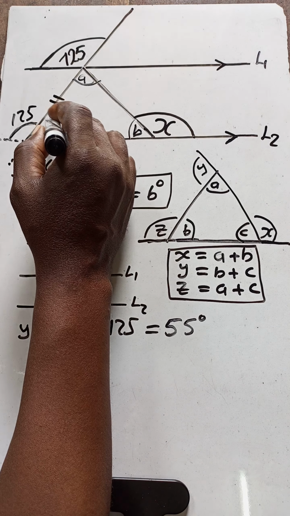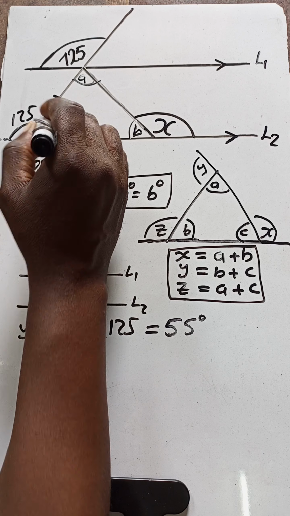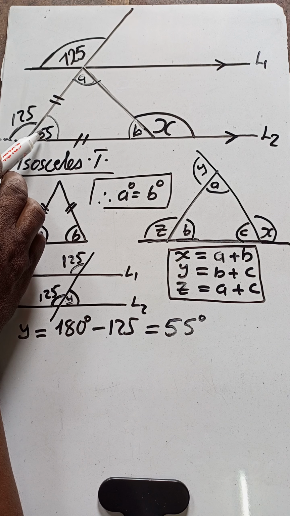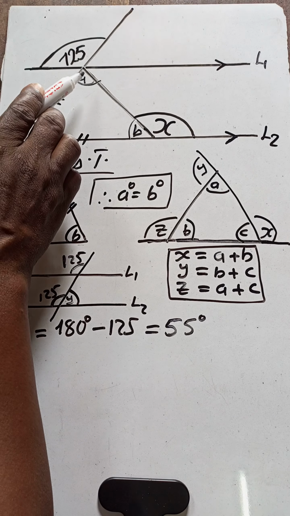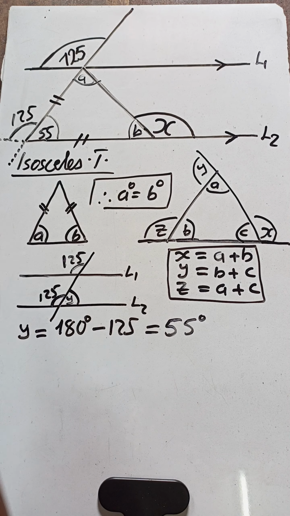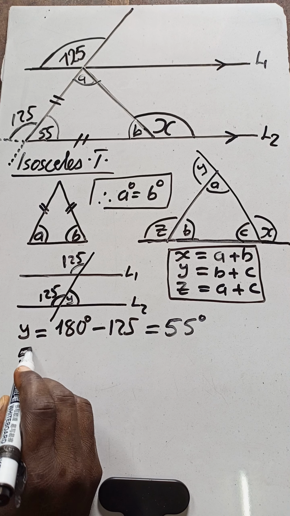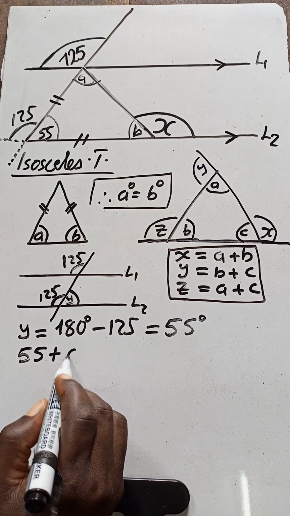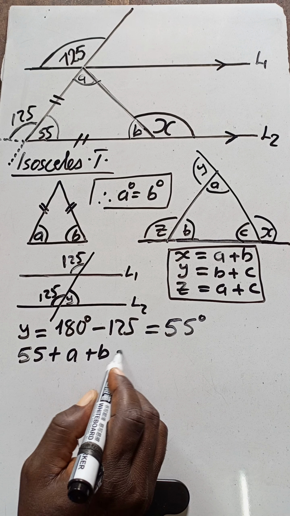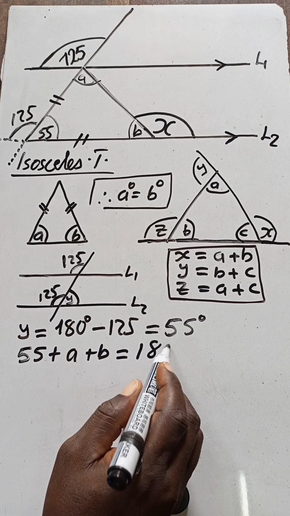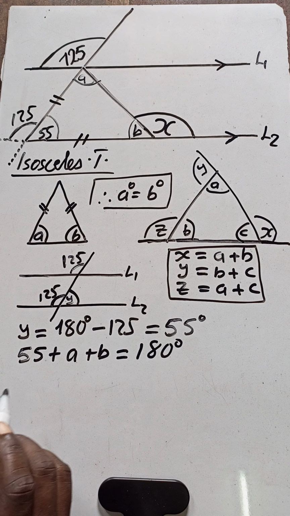Let's go ahead and put the 55 here. This one is now 55. So we expect 55 plus A plus B to give us 180 degrees.